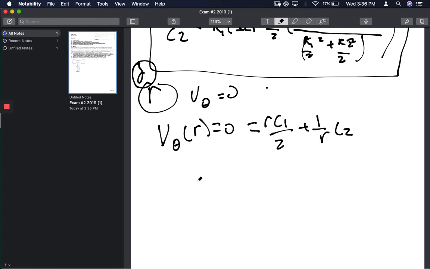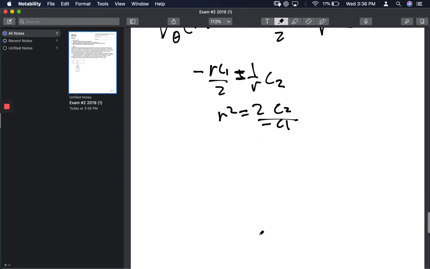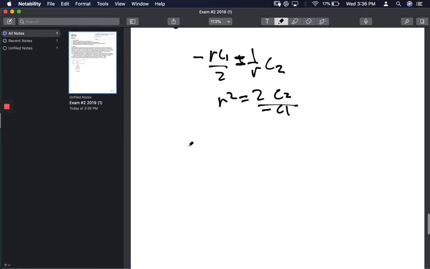What we can do is move it over: negative r C1 over 2 is equal to 1 over r C2. Multiply that by r, divide this by C1, and what we're left with is r squared equal to 2 C2 over negative C1. And then take the square root of both sides, and r is equal to the square root of 2 C2 over negative C1.